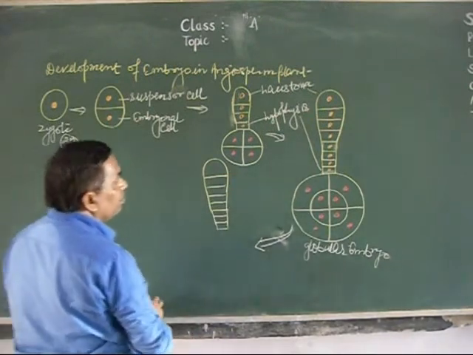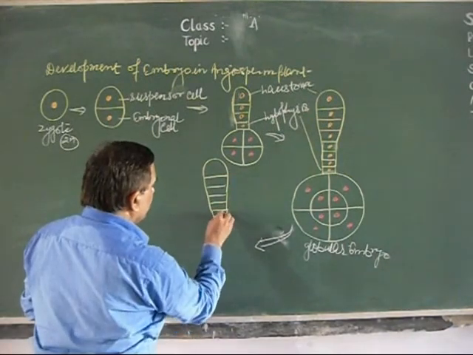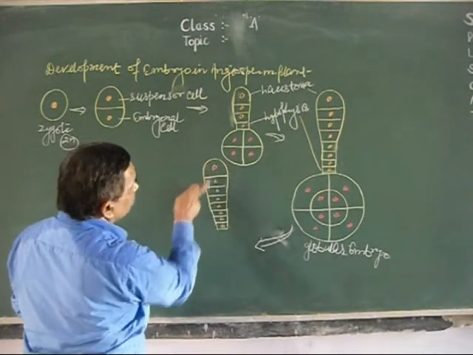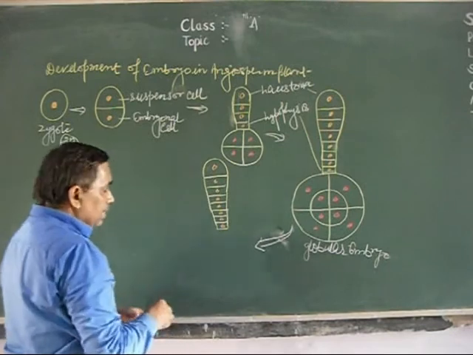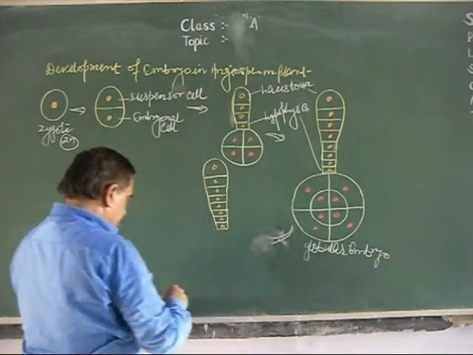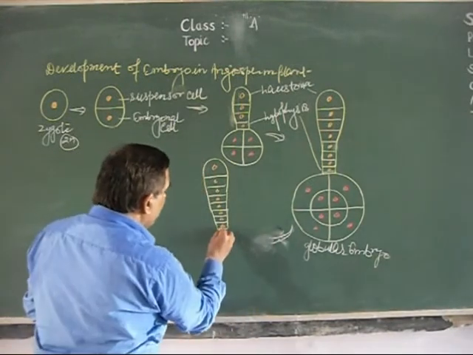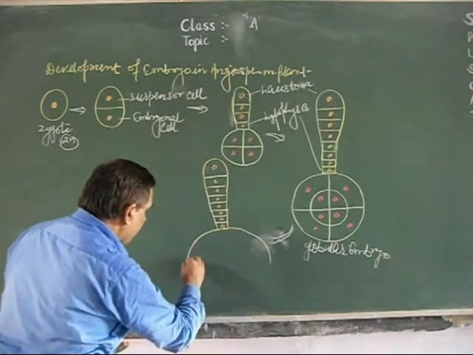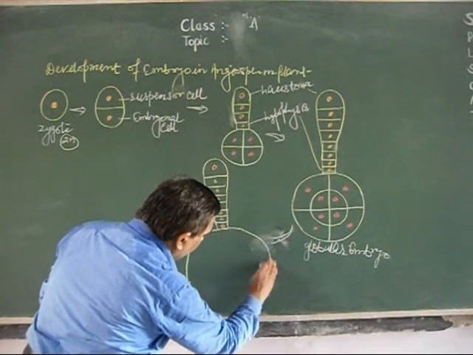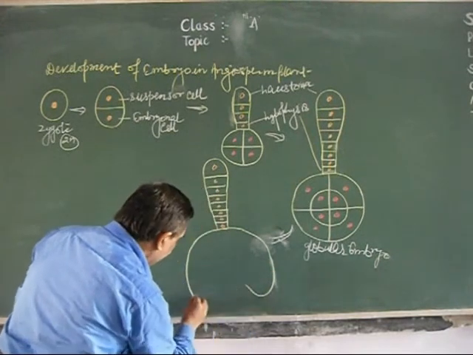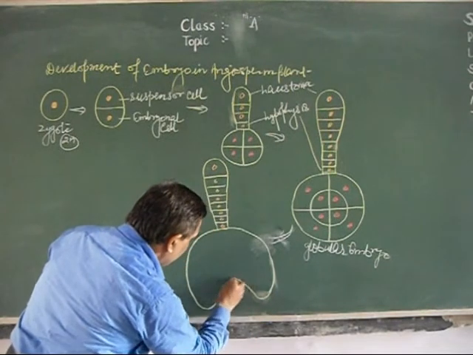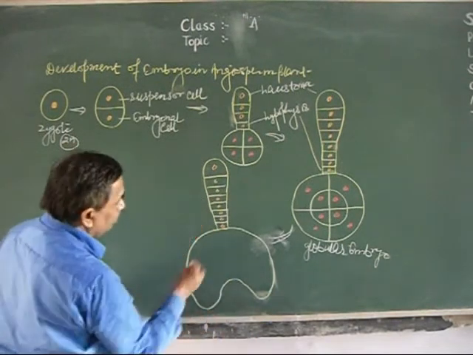Now, again this is haustoria, this is hypophysis, and here this form a heart-like embryo.